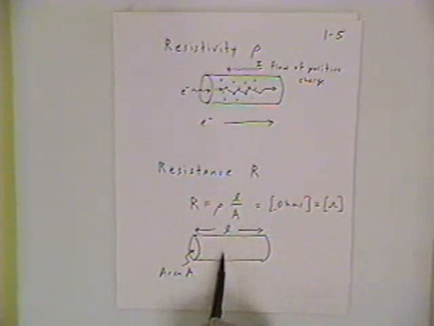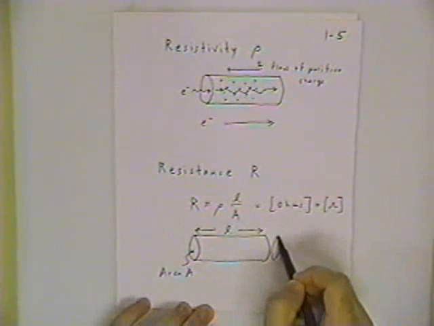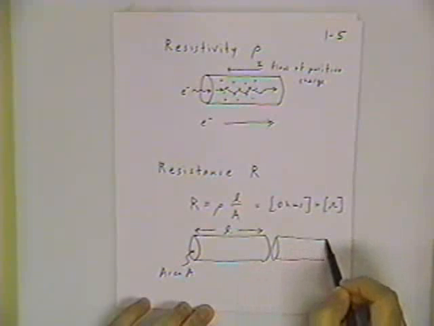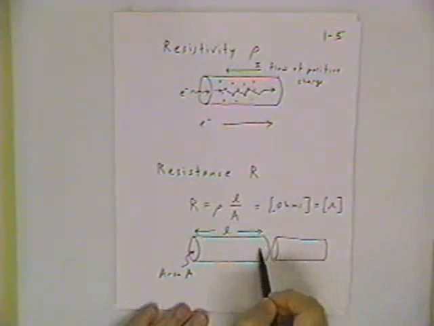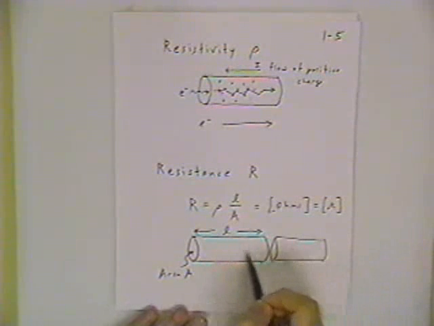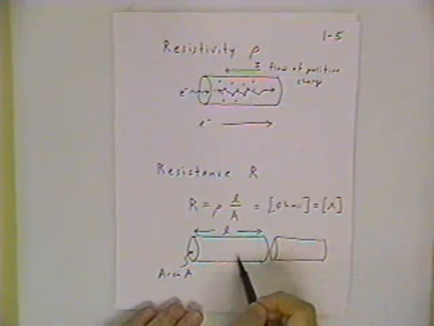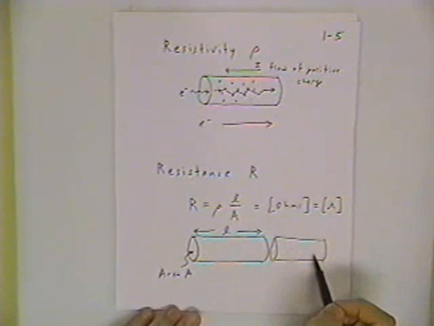Now, knowing this model for the resistor helps you remember how series and parallel connected resistors behave. If you had another block immediately following this one, with the same cross-sectional area, then you're getting the same resistivity. If it's the same material, the same size object, then for twice as long a path, you're going to get twice as much resistance.